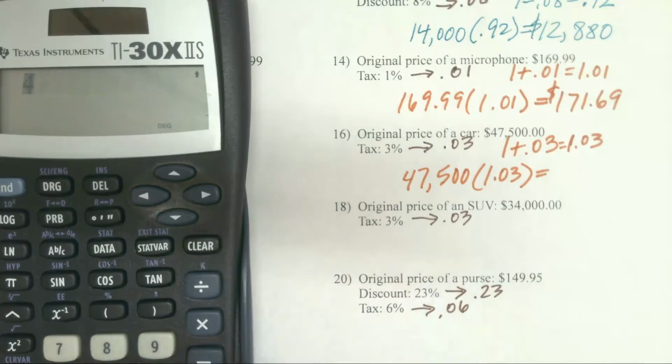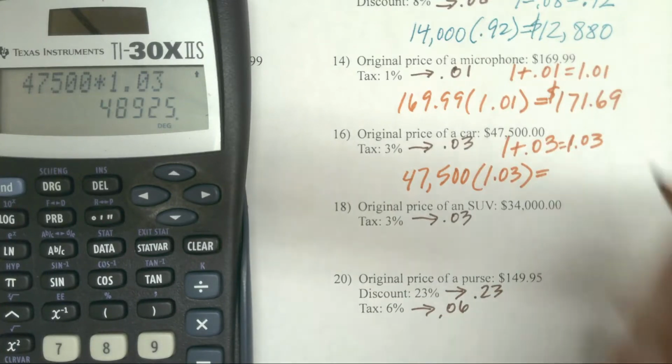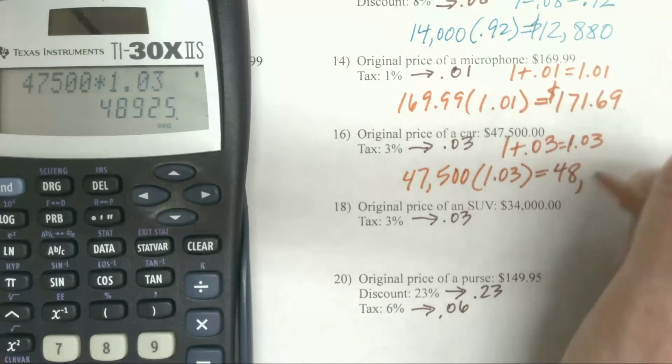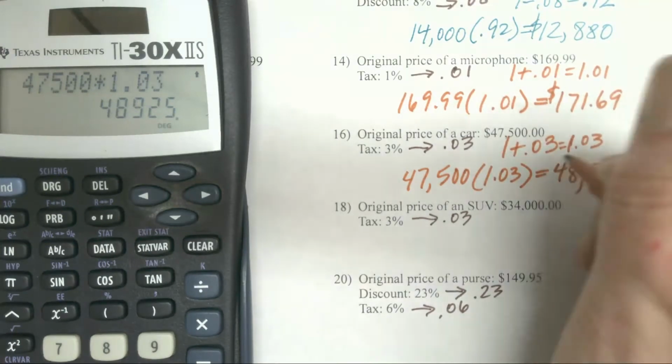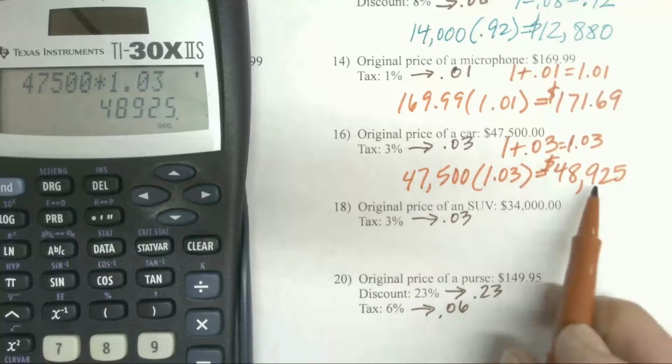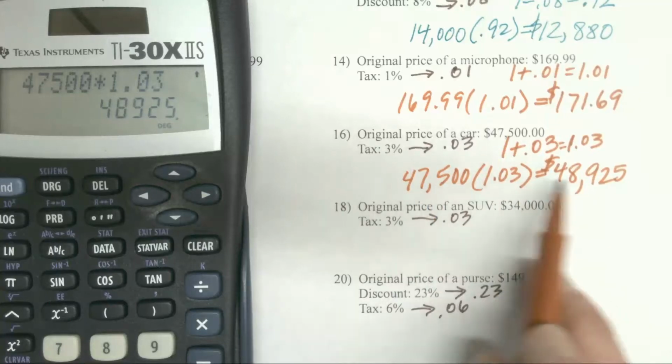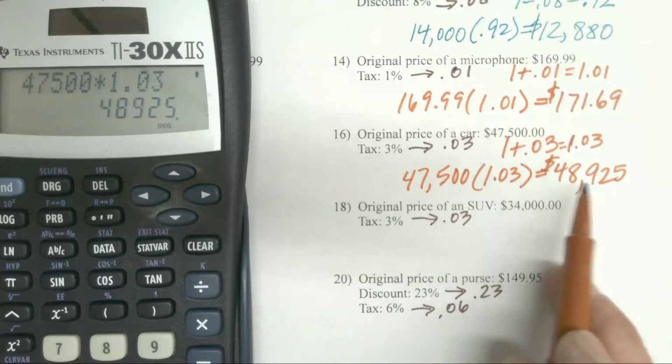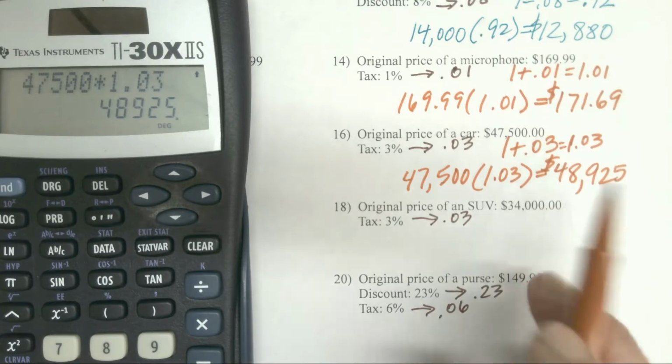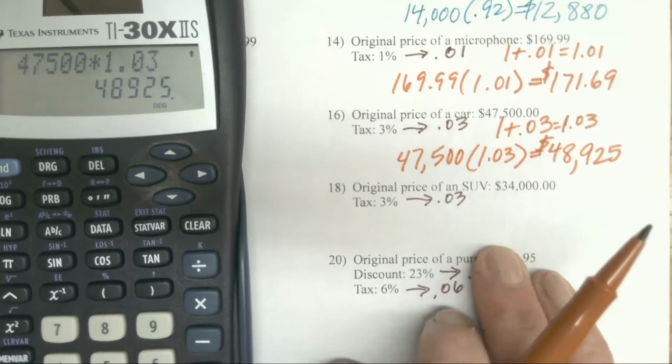Clear that off. 47,500 times 1.03. $48,925. So if you notice, I'm paying like $1,000+ in tax on a heftier price item. So tax can really add up, and that's only a 3%.